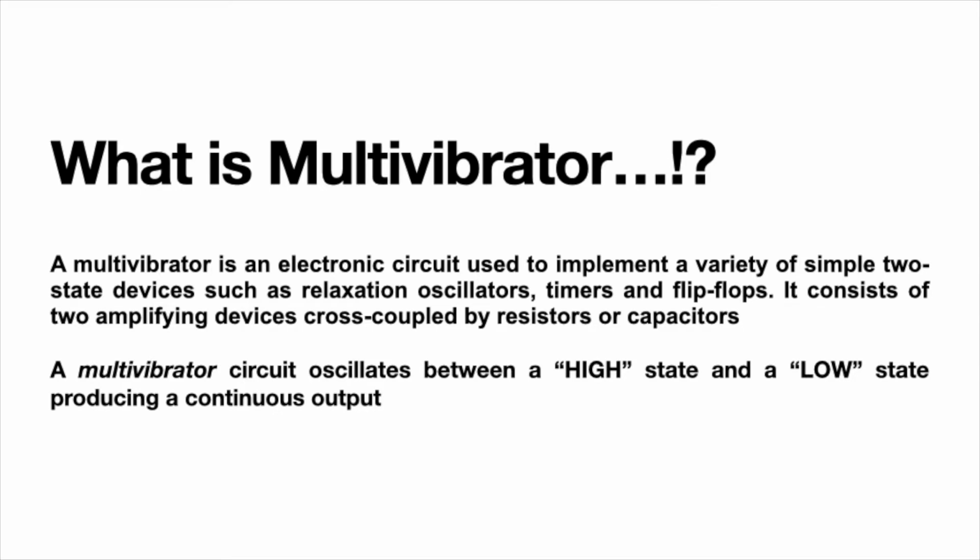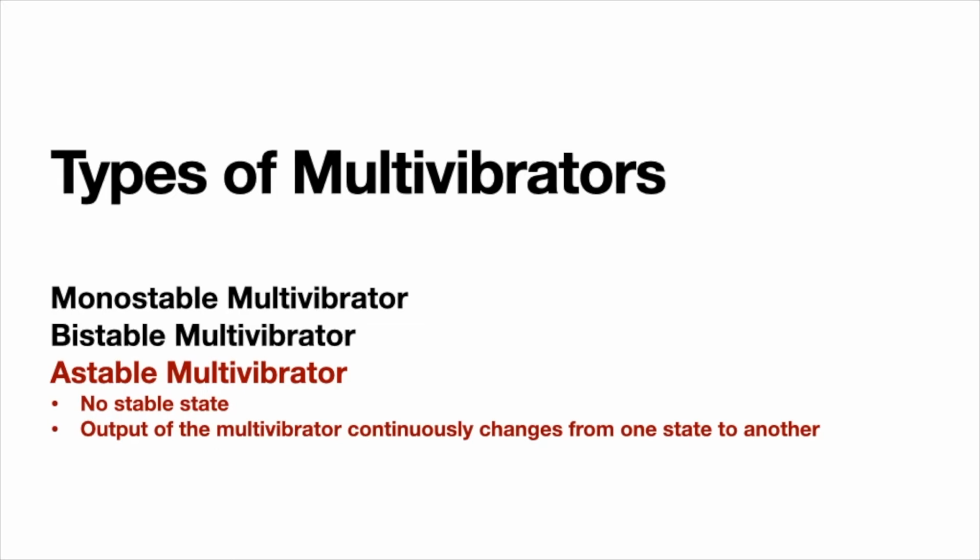A multivibrator circuit oscillates between a high state and a low state, producing a continuous output that you will be seeing in your waveforms. These are the types of multivibrators. Going ahead, we should know about the types of multivibrators. Here is a small assignment for you all to study and to know more about monostable multivibrator and bistable multivibrator circuits, right?